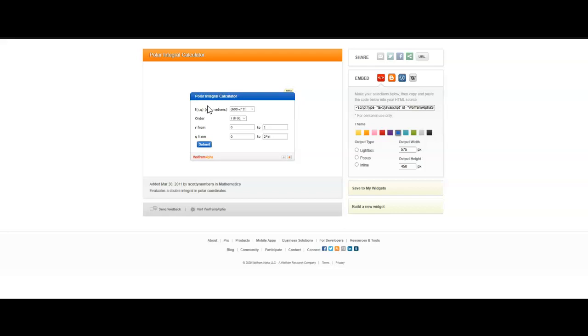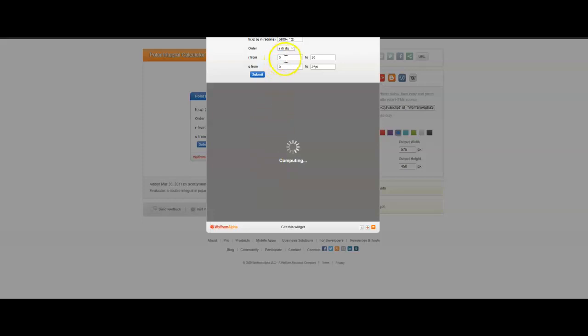Now you do need to put this in parentheses. I'll show you what happens if you don't, because the variable of integration already has r dr d theta. R goes from 0 to 10. Theta goes from 0 to 2 pi. That's already good.